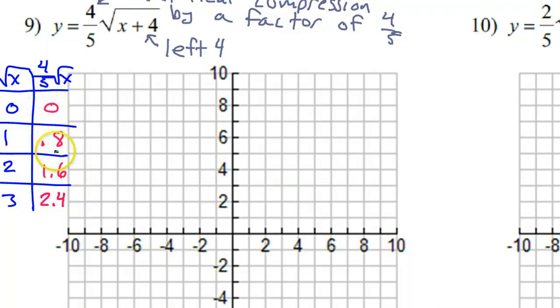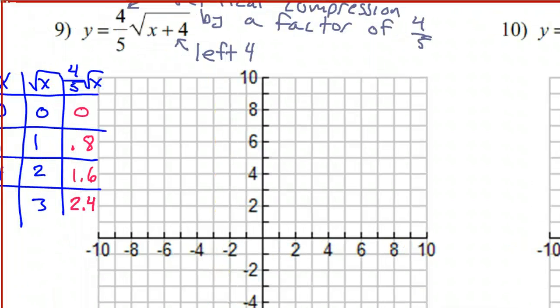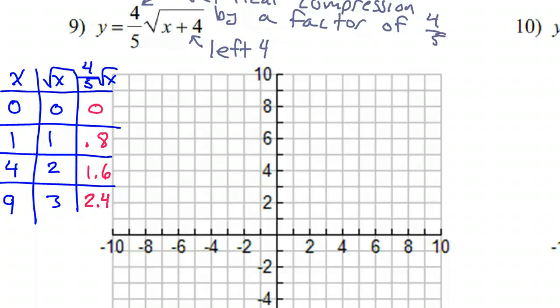So this is the skeleton that we will be graphing. This is still just a skeleton. I will not connect these points because I haven't done the shift left 4 yet. So we start at 0, 0, as we often do, and then we will do 1, 0.8.